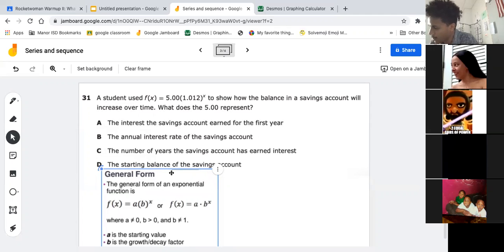The 5 is this first number in front, so it represents a, and a represents our starting value. So we start with $5 in the bank. Based on that, the answer choice is D, the starting balance of the savings account. You start with $5. That's what that 5 represents.